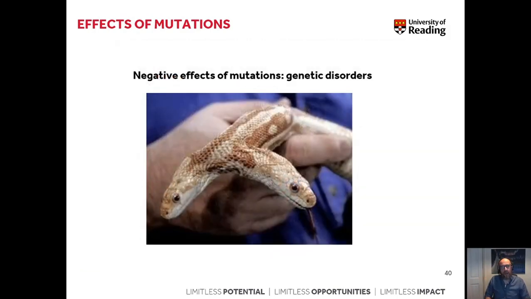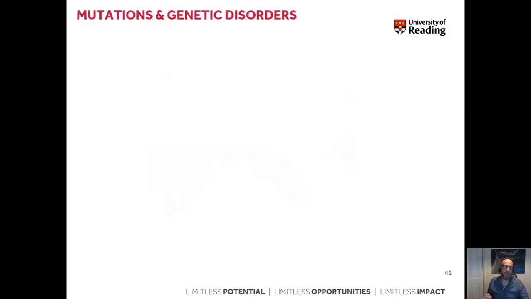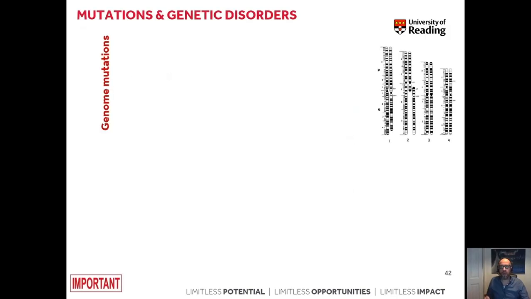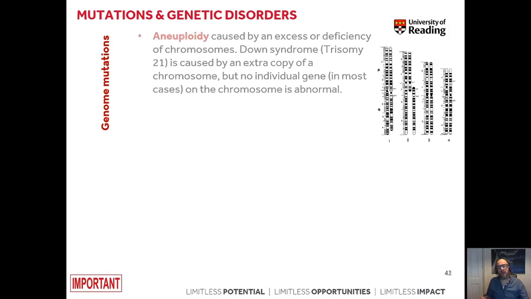Unfortunately, in quite a few cases, the outcome of a mutation can be negative. And this is the case in many genetic disorders. Genetic disorders that are caused by genetic mutations can be caused by genome mutations and gene mutations.